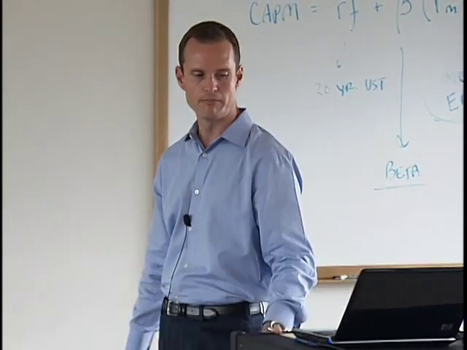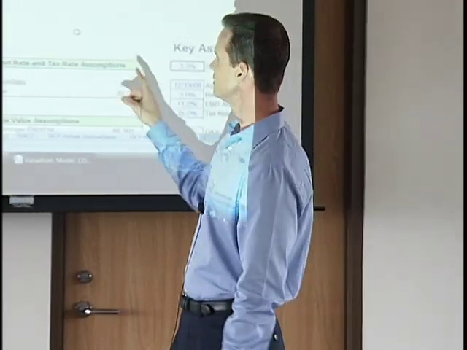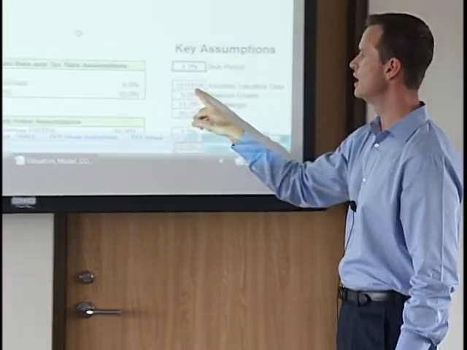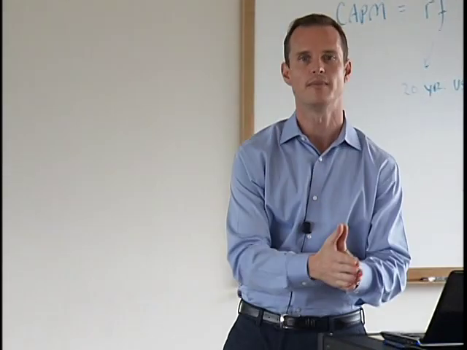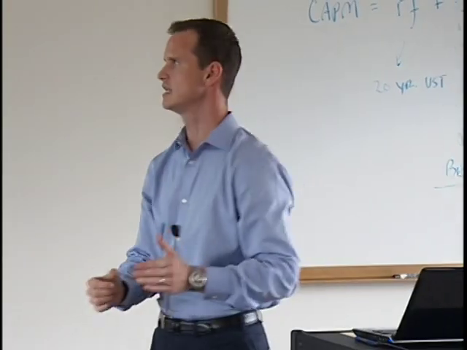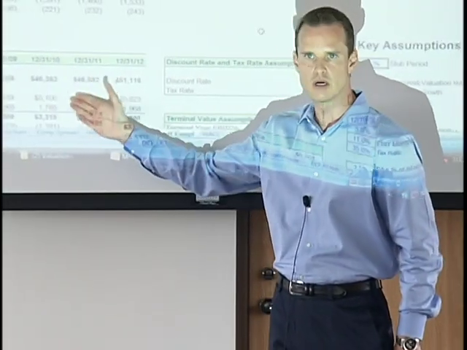Our stub period basically takes the difference between these dates, the difference between our fiscal year end and our valuation date, only in the first year, because if we buy them as of December 19th, 2008, we'll get those 12 days of 2008, but then we'll get a whole year of 2009, and 2010, 11, 12.